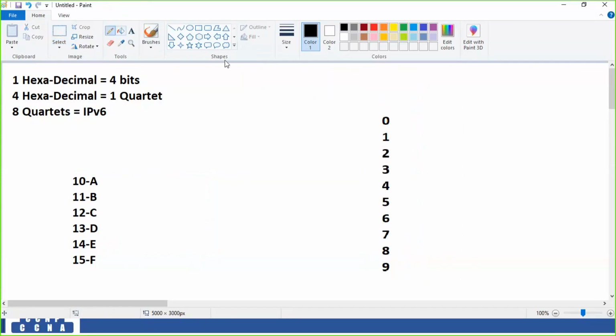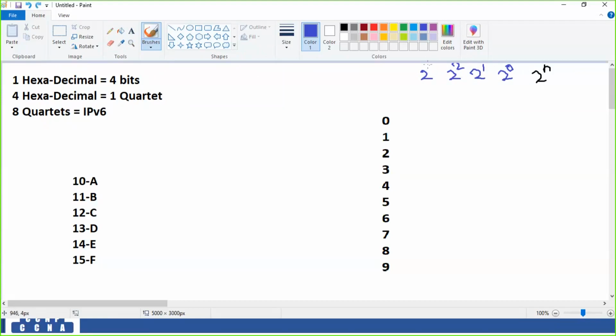One hexadecimal digit is 4 bits, so I'm taking a 4-bit value. That's 2 power n, with 4 bits: 2 power 0, 2 power 1, 2 power 2, 2 power 3.